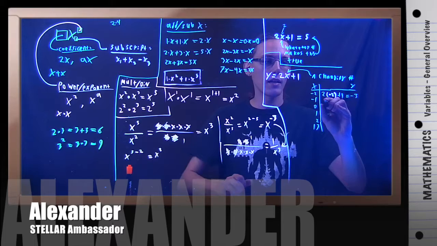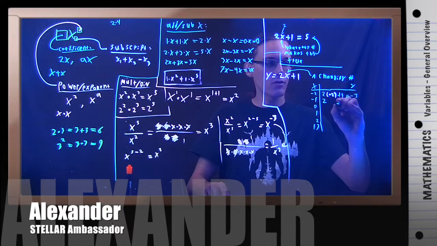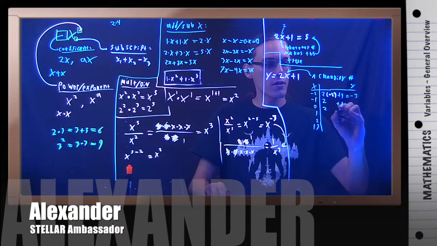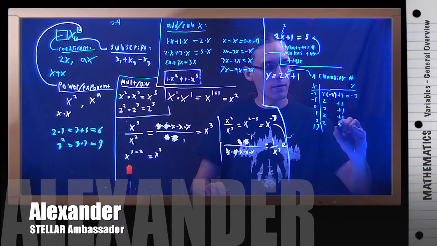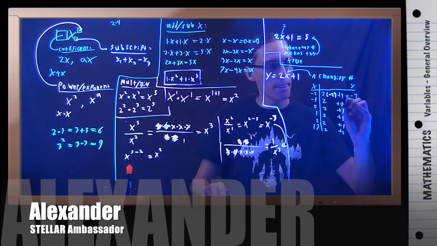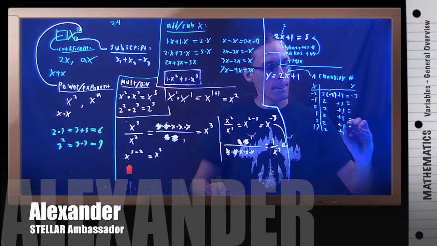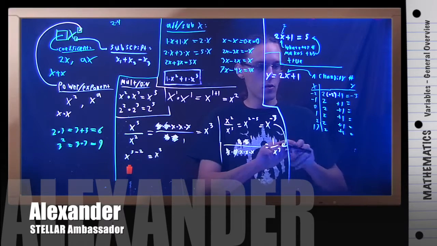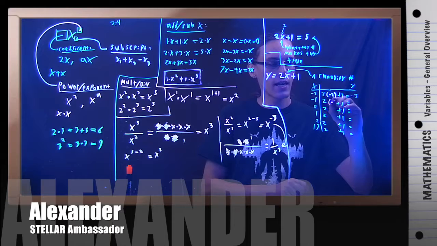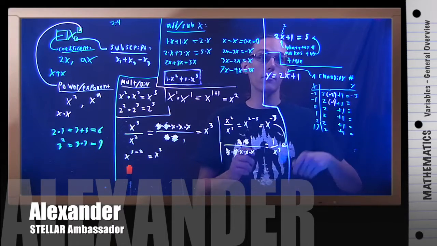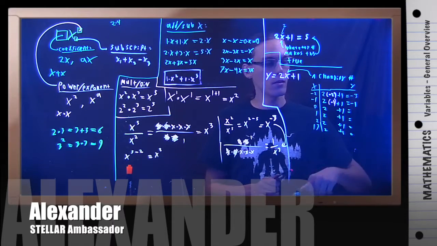Likewise, if I threw in -1, I'd have 2 times -1. Let me actually go ahead and set up all my space here. So here I'd have 2 times -1, which is -2, plus 1 would be -1.